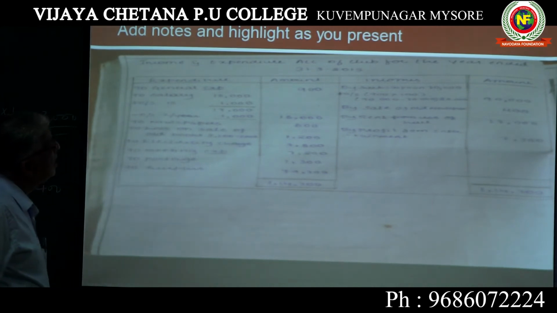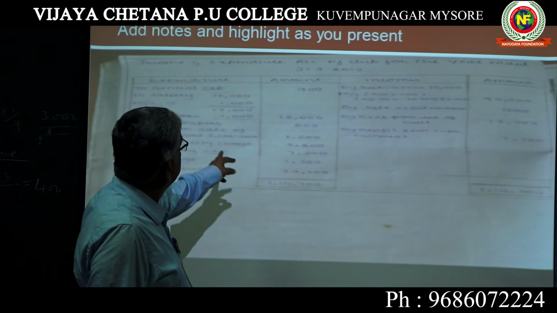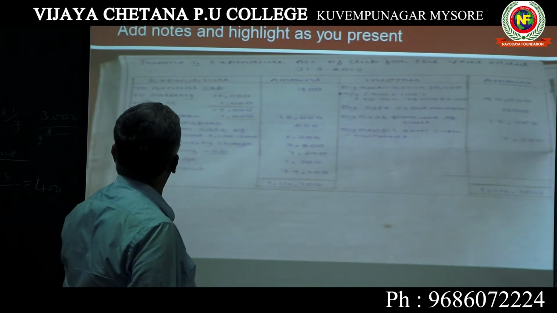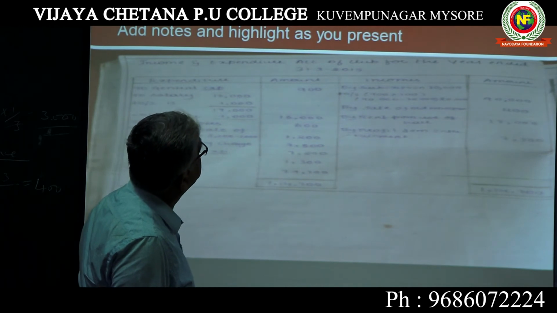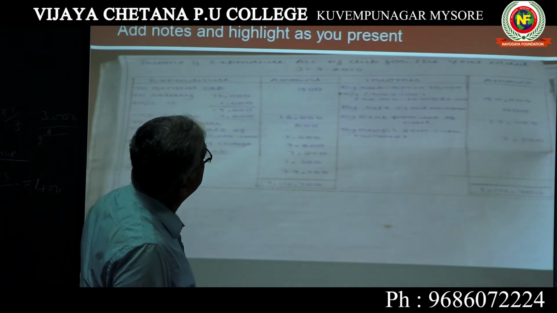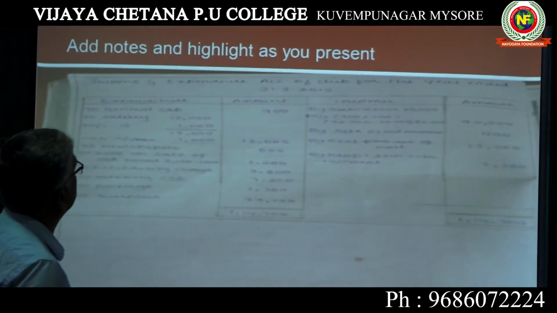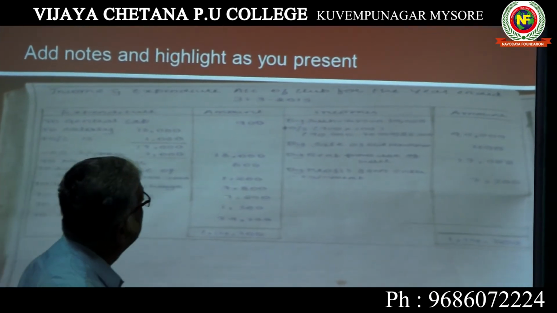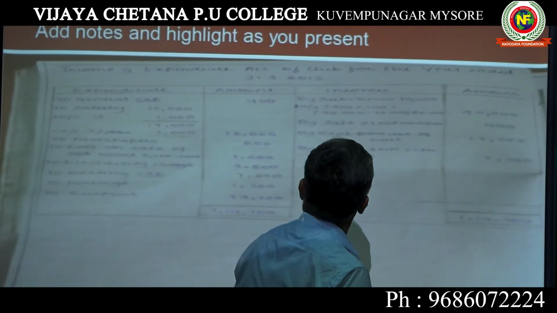So this is the income and expenditure account of a club for the year ended 31st March 2015. Here, by subscriptions, the total amount that we are supposed to receive.